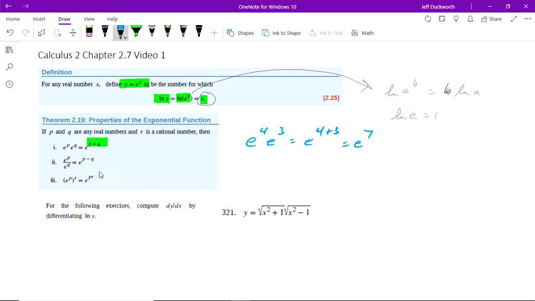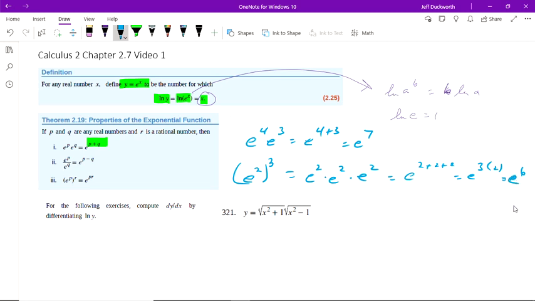The last one, this third one here, is the one that usually messes people up a little bit. So if we have e to the 2 all raised to the 3, that's equivalent to e to the 2 times e to the 2 times e to the 2, which is the same thing as adding: it's e to the 2 plus 2 plus 2, or e to the 3 times 2.